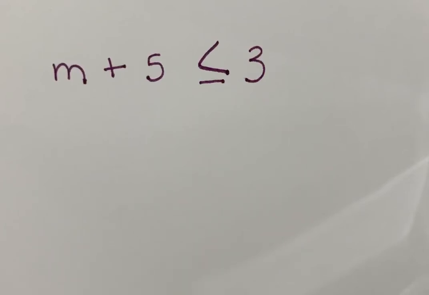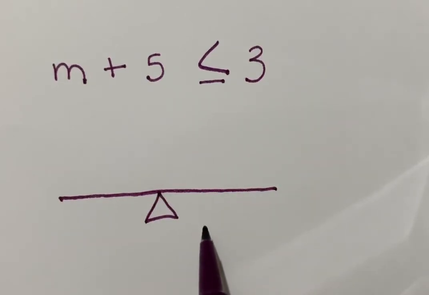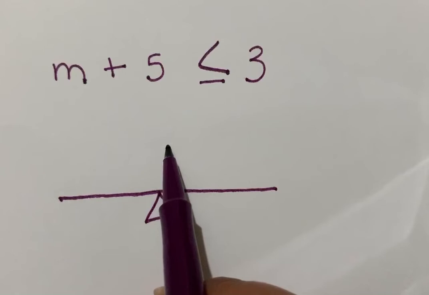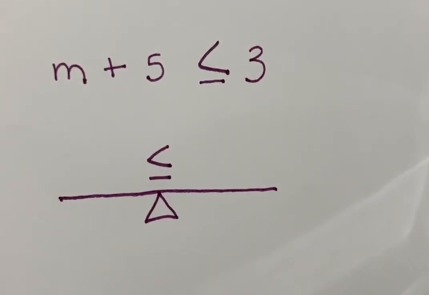So I'm going to start by drawing a model, and there's my balance beam. But instead of having an equal sign, I'm going to have an inequality. So my inequality is less than or equal to.